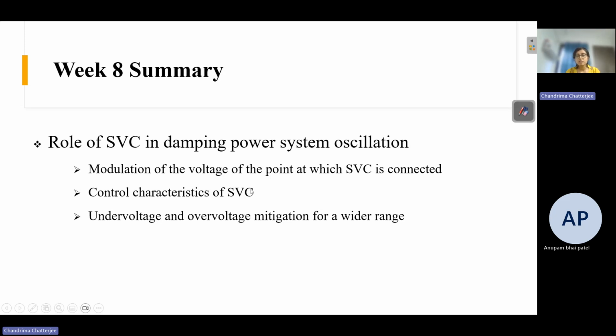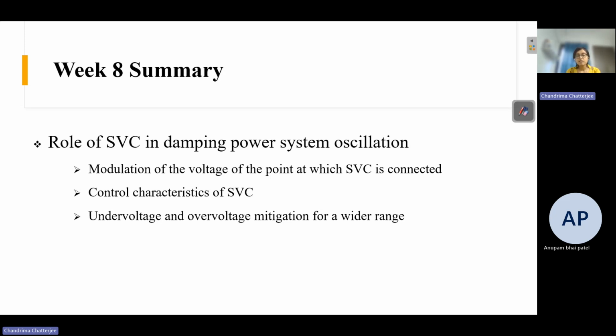The primary role is obviously controlling the voltage so that during under voltage or over voltage, it can provide a certain amount of reactive power or absorb it based on the necessity, and it can maintain the system voltage and prevent it from dipping to a very low voltage or rising to a very high voltage, which could be detrimental for the equipment and the overall system. That is its primary role.